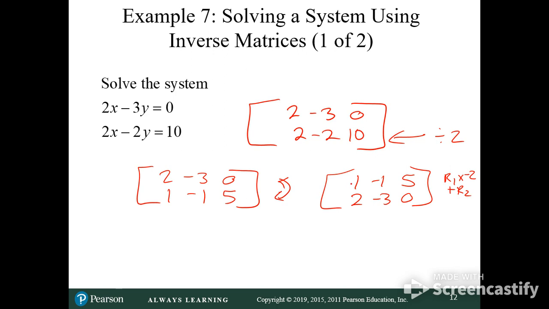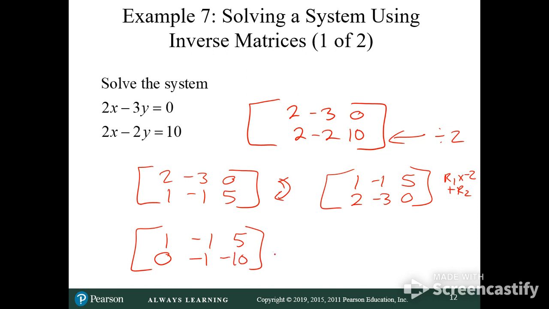So 1 times negative 2 is negative 2, added to 2 is 0, because we want to get 0 as the first number in this row. Okay, and then if we take the next one, negative 1 times negative 2 is 2, plus 3 is negative 1. Then we take 5 times negative 2, which is negative 10. If we add to row 2, we get negative 10.